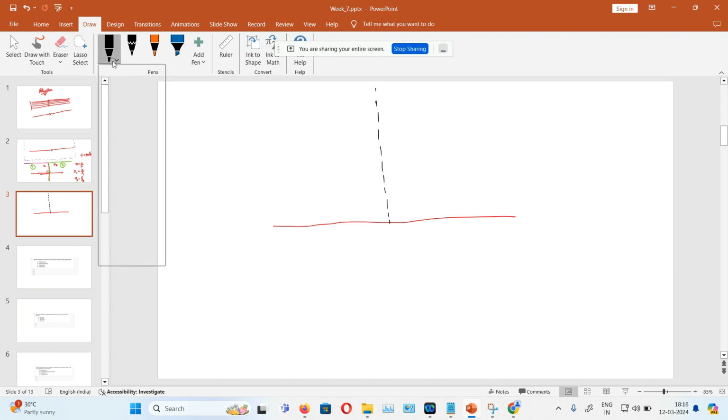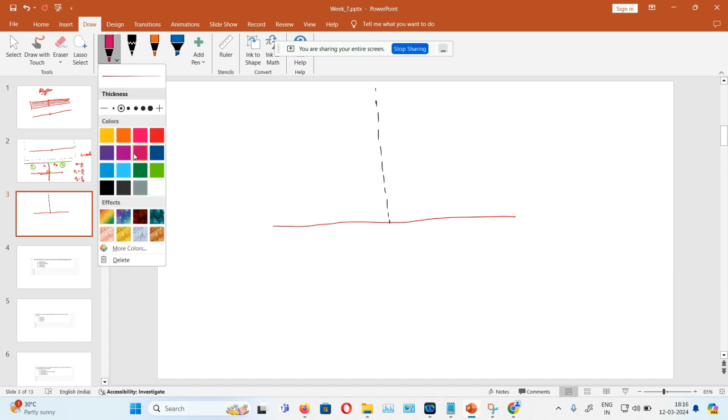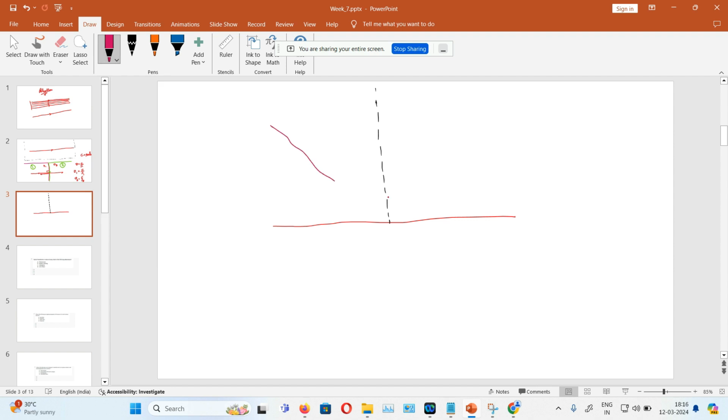And light is actually incident at an angle at the interface. What happened?